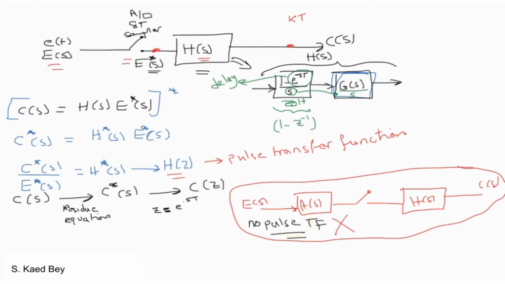And this is also true in some cases where you have E of S fed into somewhere else in the loop without being sampled, this also leads to no pulse transfer function. However, you can always still obtain a relation between the output and the input.